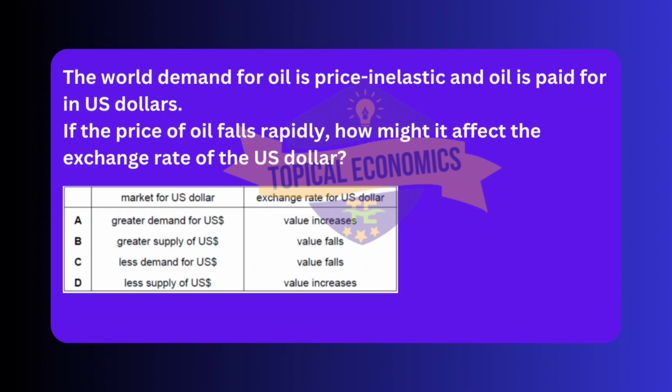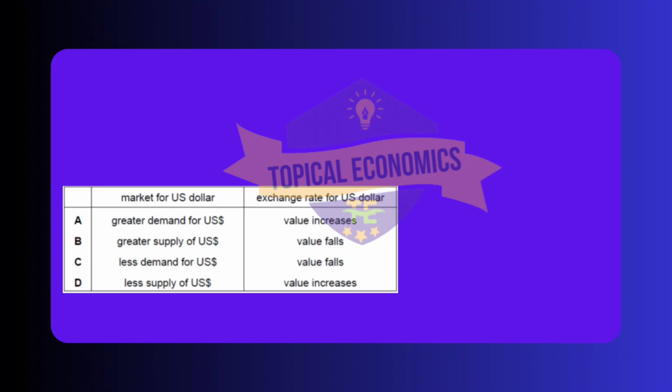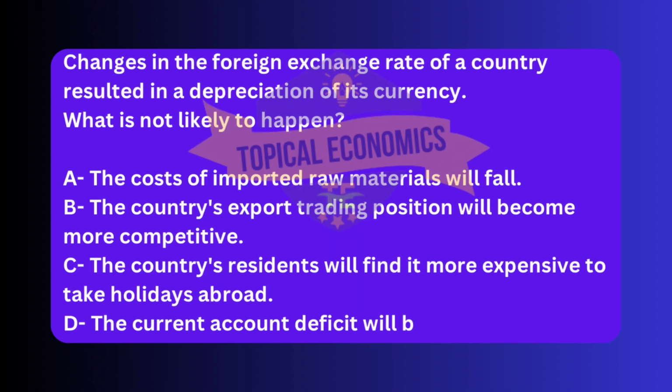Additionally, countries that import oil will need fewer dollars to pay for oil, further reducing demand for the US dollar. This reduction in demand, combined with a potential increase in the supply of dollars, as oil exporting countries convert dollars into their local currencies, will likely lead to a fall in the value of the US dollar on the foreign exchange market. Move to the 13th question.